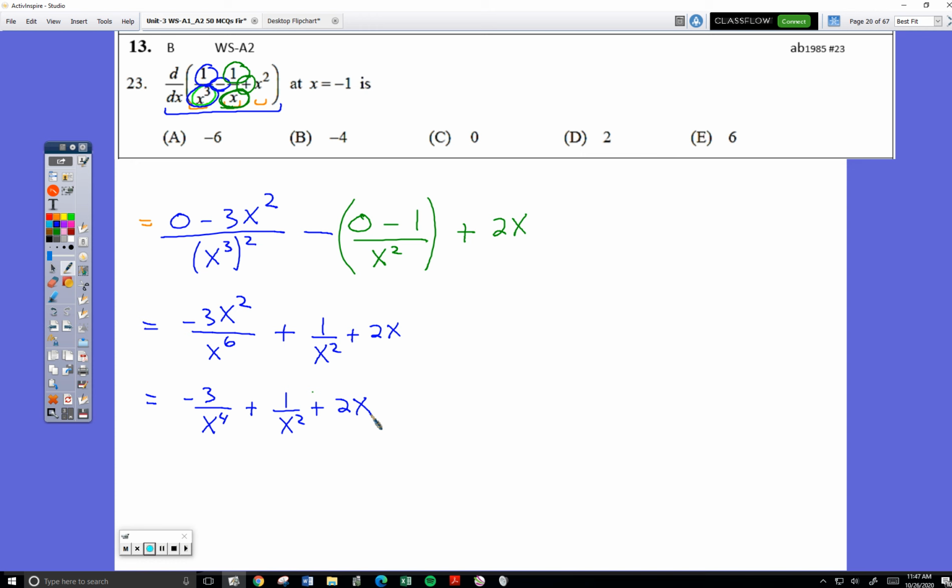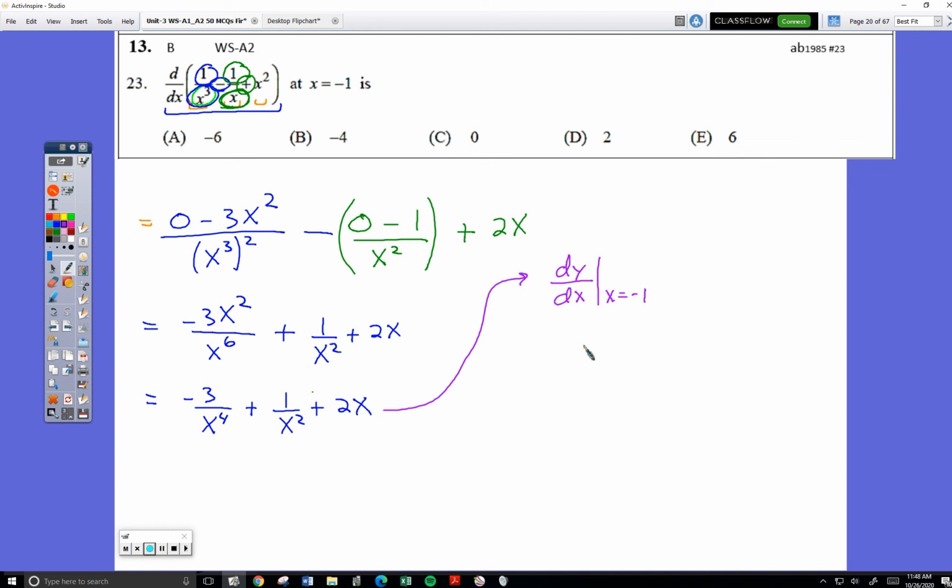Then we're supposed to plug a negative 1 in for x. So we get negative 3. Actually, the correct notation here would be this. We're now finding dy over dx for an x value of negative 1.